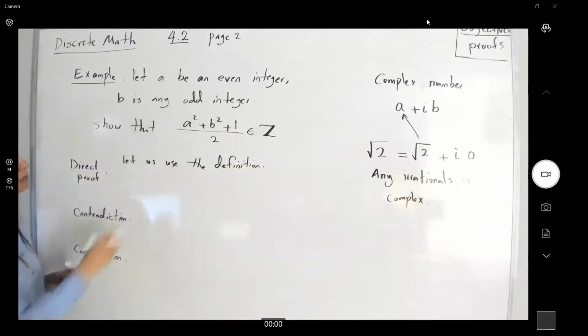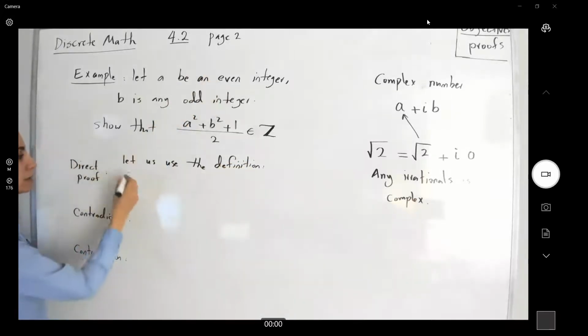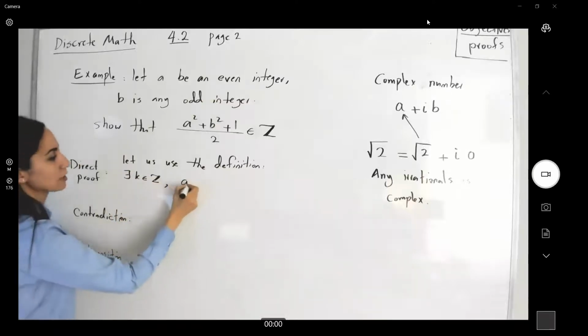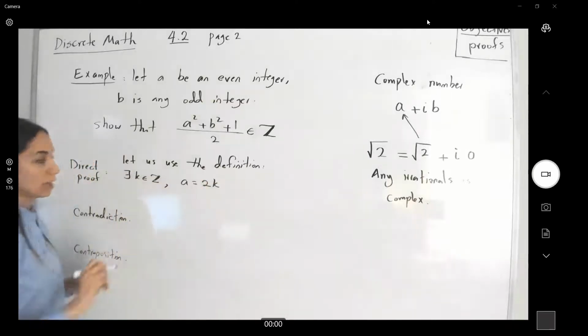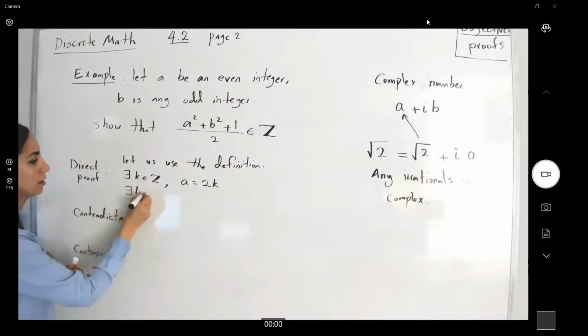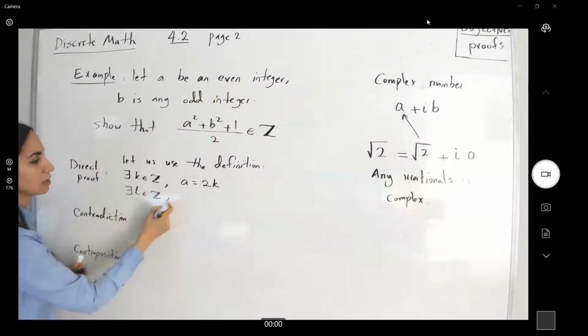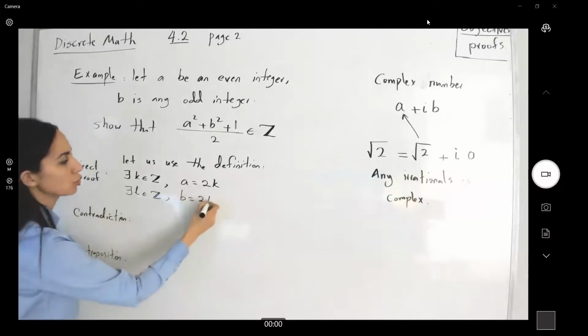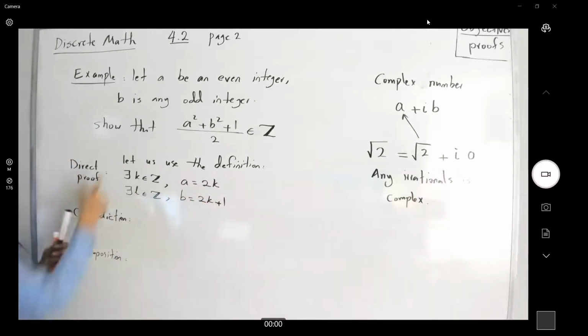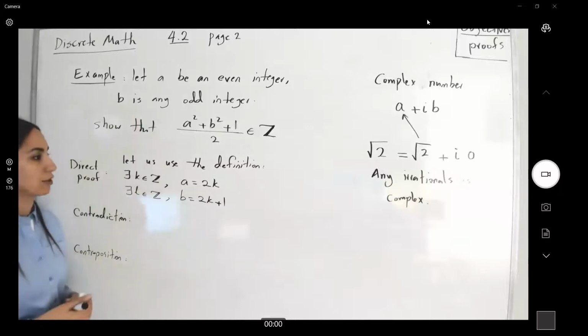Okay. It says A is even. So there is an integer like K such that A is 2K, and you have another integer like L such that B is 2L plus 1, because B is any odd integer.